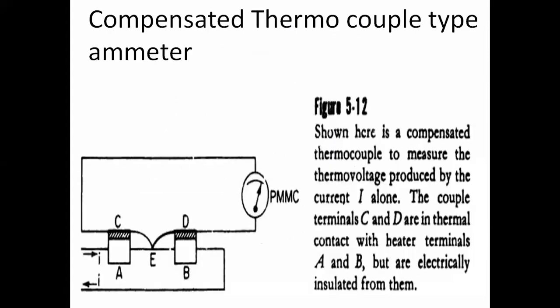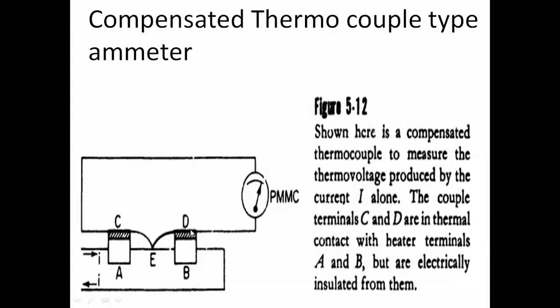Here, another one is the compensated thermocouple type ammeter. So what does compensated thermocouple type ammeter mean? While measuring, the heat will be at point E, and the heat is due to the applied current. But due to some external temperatures, there is also a change in the voltage.